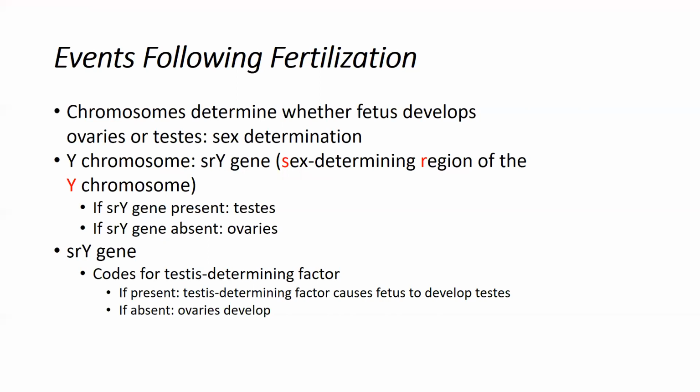If this protein is present, we have the development of testes and other male reproductive components. And if this protein is absent, we have the development of female reproductive organs, which are the ovaries, the fallopian tubes, etc. So the SRY is the area on the gene. The testis determining factor, or TDF, is the protein that it codes for.